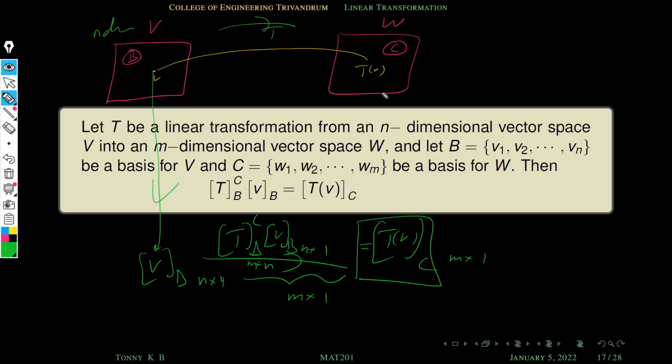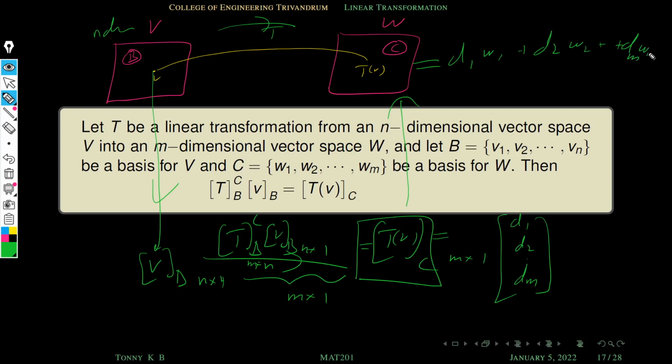Then how to reconstruct this Tv once you know the coordinate? That is very easy, by taking the linear combination with the basis elements. Suppose this coordinate is d1, d2, etc., dm. Then we can reconstruct this Tv using d1 w1, where w1 is the first basis element, plus d2 w2, etc., plus dm wm.